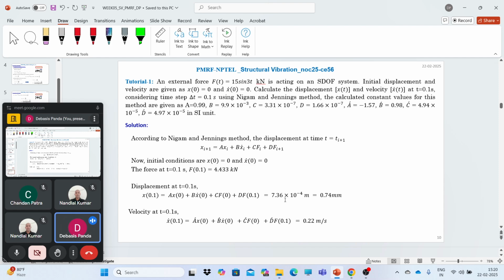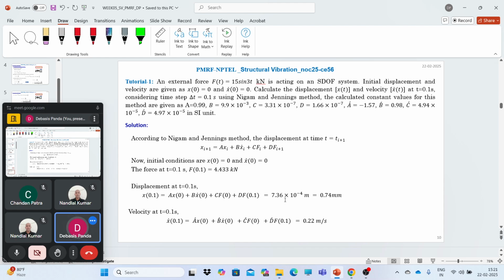We just need to calculate straight away, because the forcing function at 0.1 second we have already calculated, and that comes as 4.433 kilonewton. So velocity at t equals 0.1 second comes as 0.22, because only the last term, d prime into f naught, will be there.